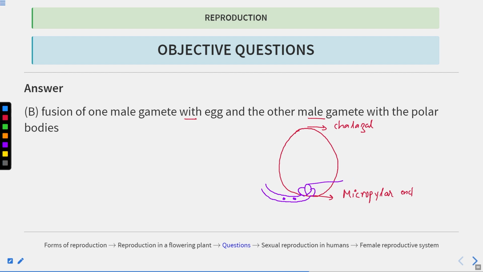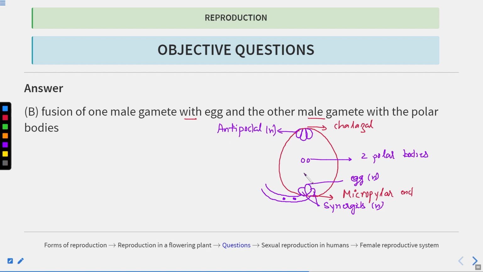This one is the egg cell, which is haploid, and these two are synergids, which are again haploid. Then in the center we have the two polar bodies. And at the chalazal end, three cells are present, known as the antipodal cells, which are again haploid.